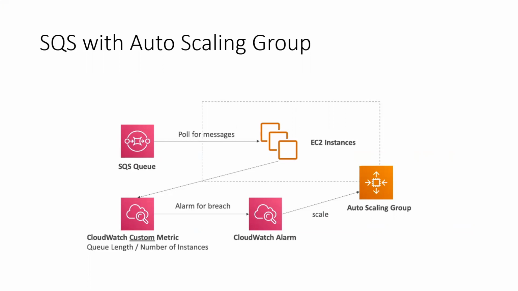In that case I have to scale up or scale down my EC2 instances. That's how I can use auto scaling along with SQS and CloudWatch. In this scenario, where I have to scale up and down based on the alarm breach, what would be a better or preferable option?